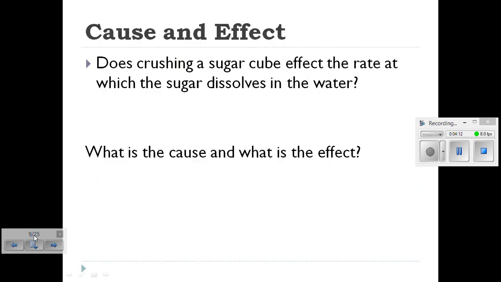Well, let's think about cause and effect. First things first, does crushing a sugar cube affect the rate at which sugar dissolves in the water? Now, in order to understand cause and effect relationships, one precedes the other. So we have to think about what is the cause and what is the effect in this scenario.